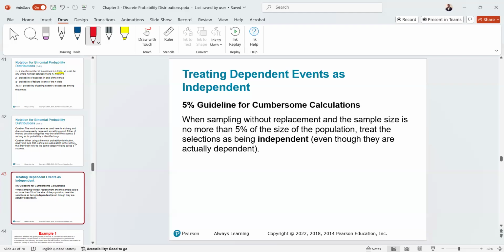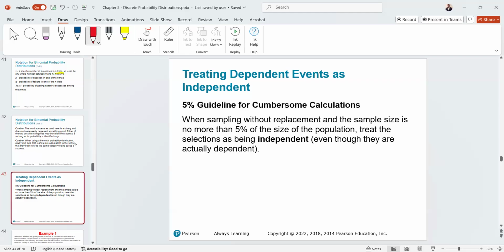If you missed it, please look through it again. So sampling without replacement results in dependent events, which violates the requirement of a binomial distribution. However, we can often treat the events as if they were independent by applying the 5% guideline, right?